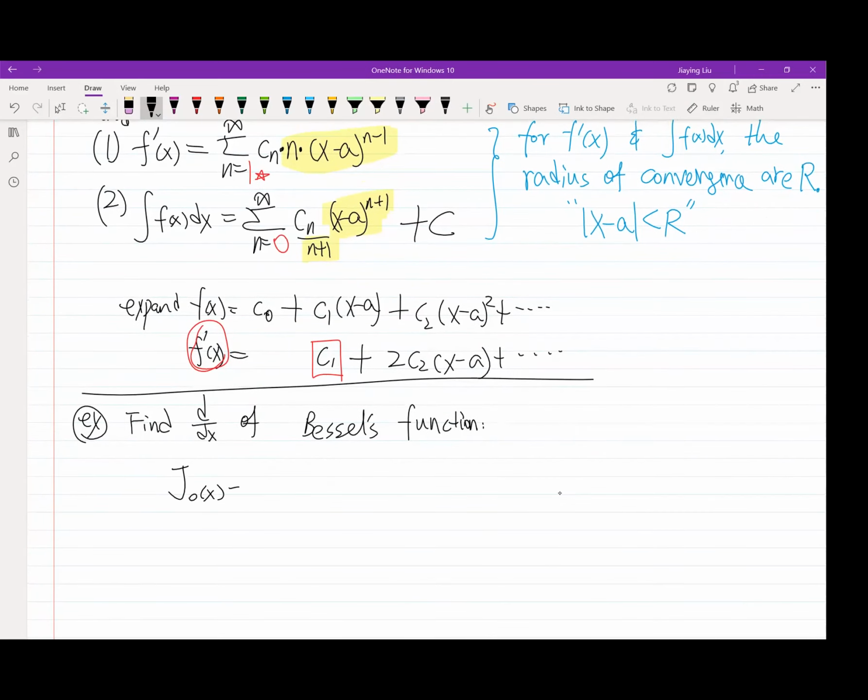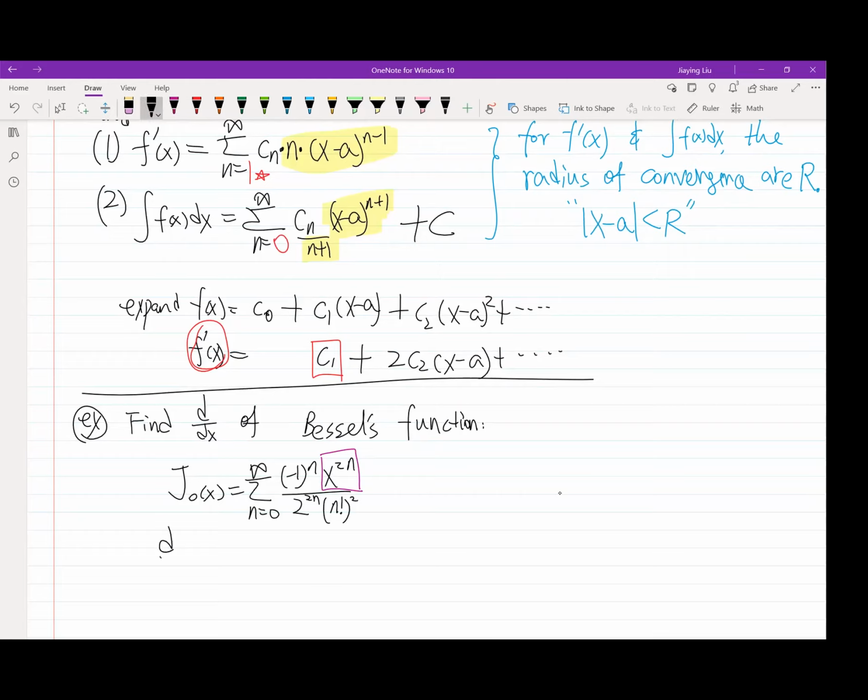J0 of x equals sigma n from 0 to infinity, (-1)^n x^(2n) divided by 2^(2n) times (n factorial) squared. It looks complicated, right? But when we take the derivative, we only focus on the x minus a part. In this case, we don't have x minus a, we just have x to the 2n. That's the only part that we focus on.